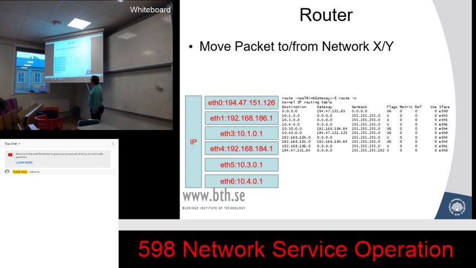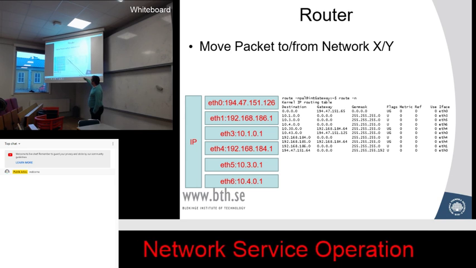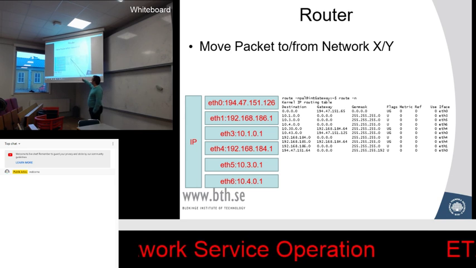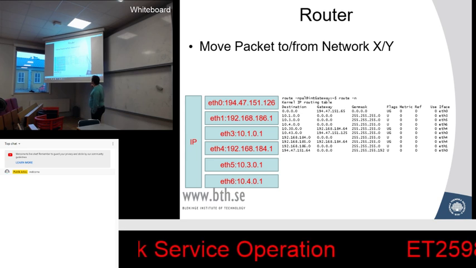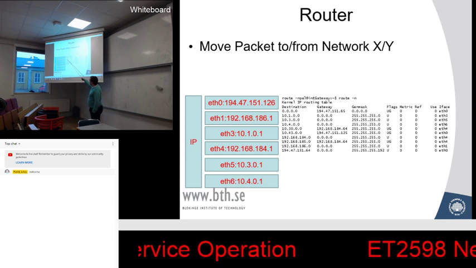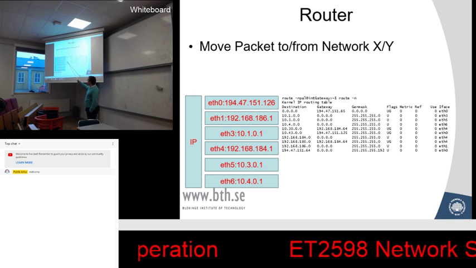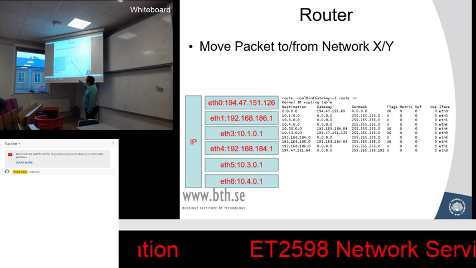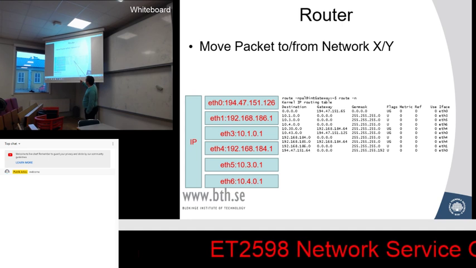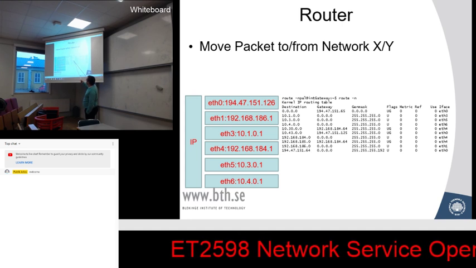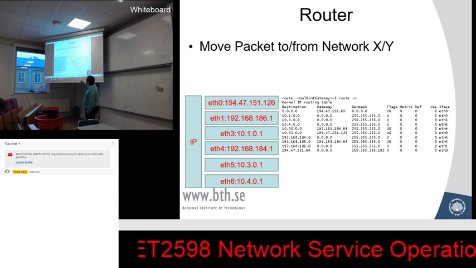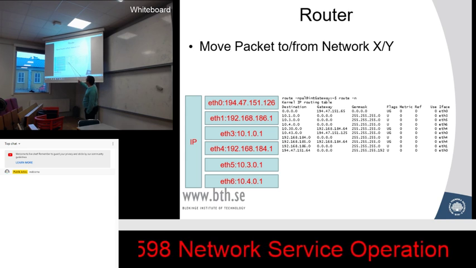This is the routing table. This is the default gateway. See it, recognize it. And here are the other networks. So in this case, you see, if we want to go to the 30 network, we're actually sending it to a different computer, 184.64, which happens to be on this network.